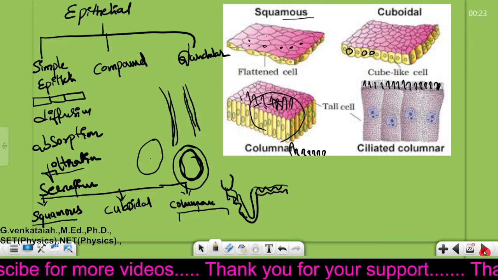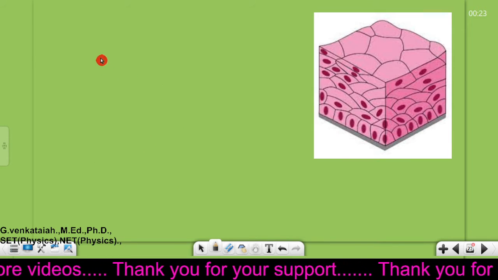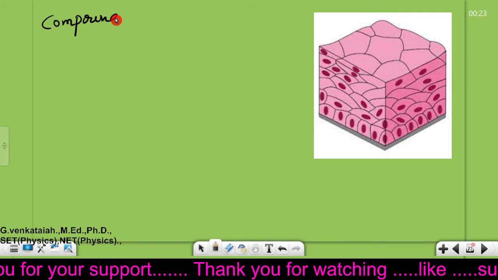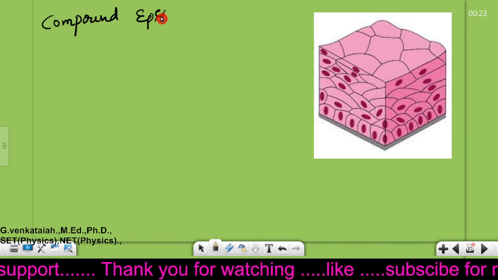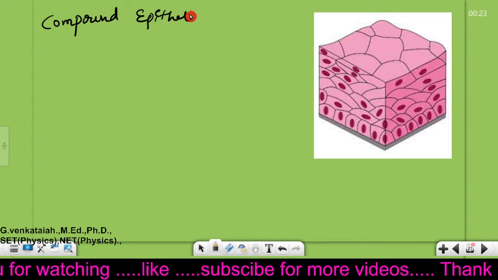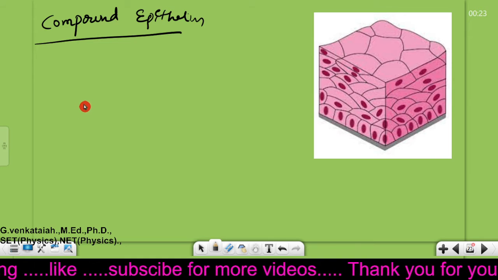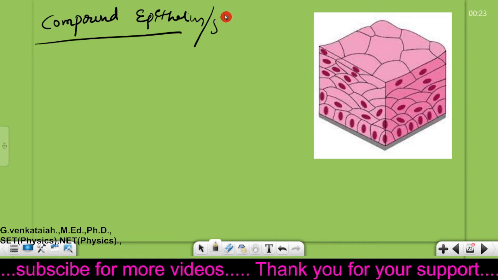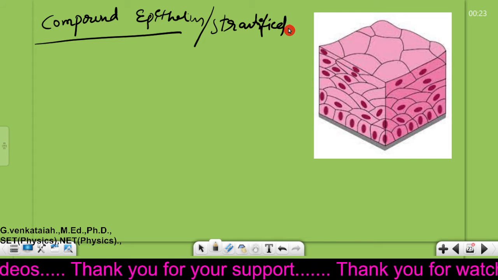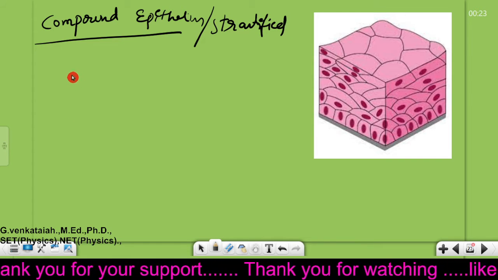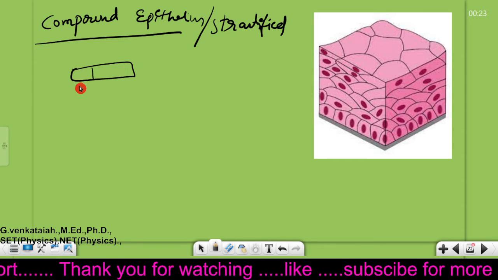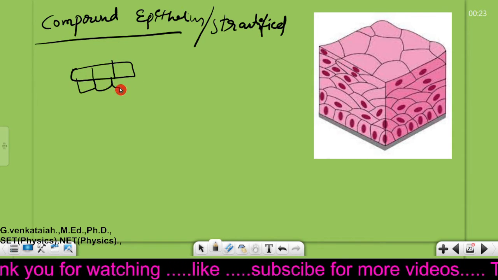Next, the second one is compound epithelium tissue. Compound means stratified, that is, more than one layer of cells is there.